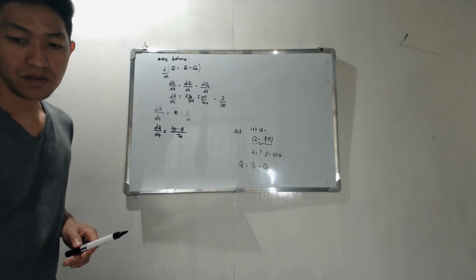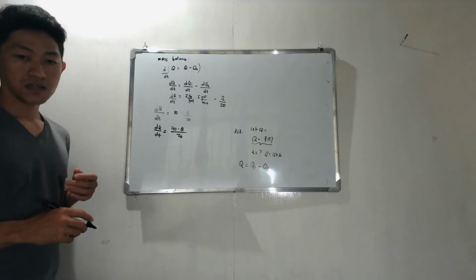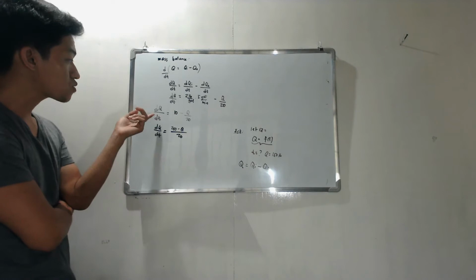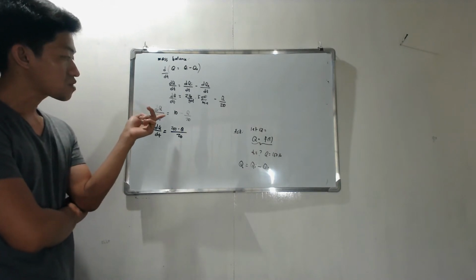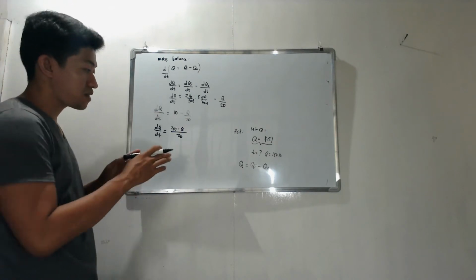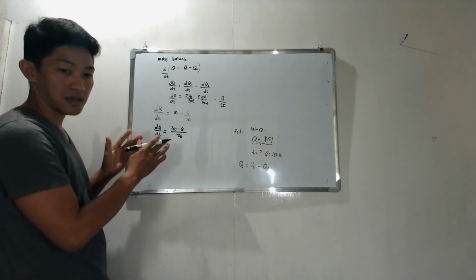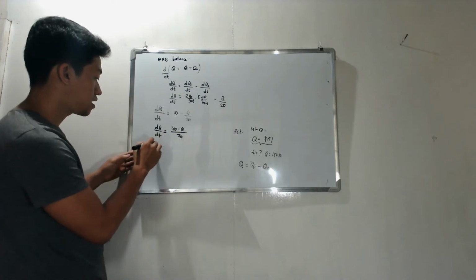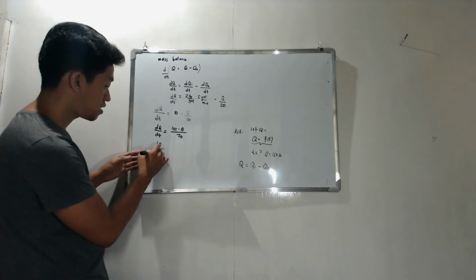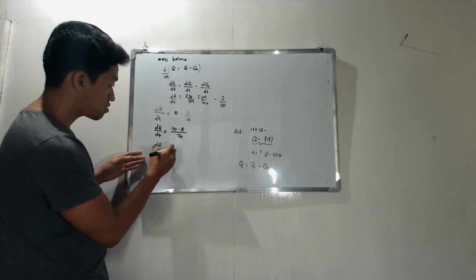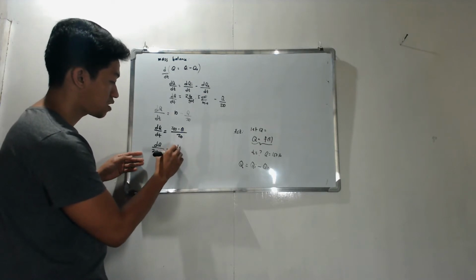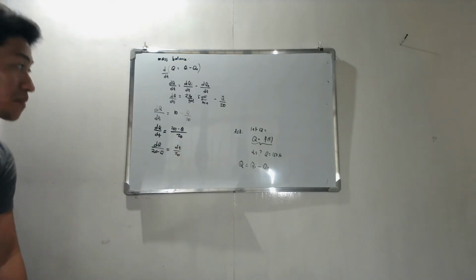There are two ways of solving this one. You can solve this as a linear ordinary differential equation or as a variable separable, because we can separate the variables q and t. So if we use variable separable, we have dq over 200 minus q is equal to dt over 20.